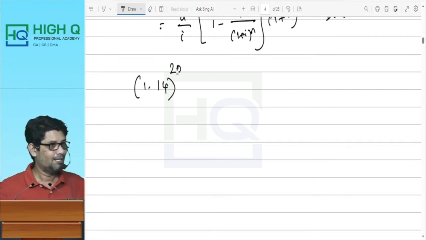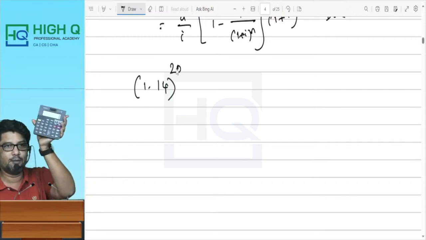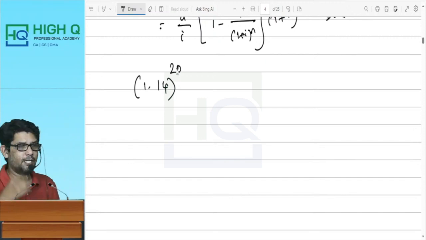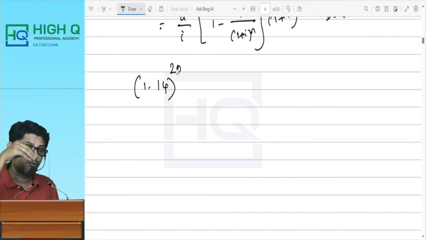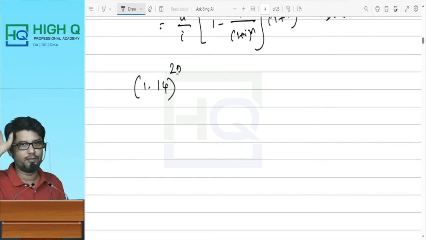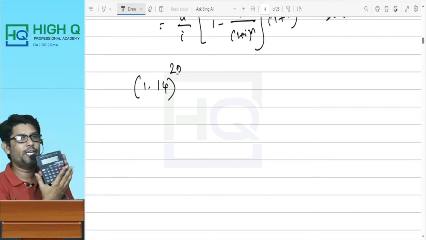We have to calculate these by using the calculator. But please understand one thing: in 90% of cases, the 1.14 whole power 20 value will be given in the question paper itself, so you don't need to calculate.